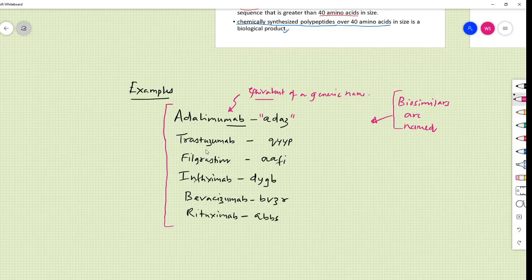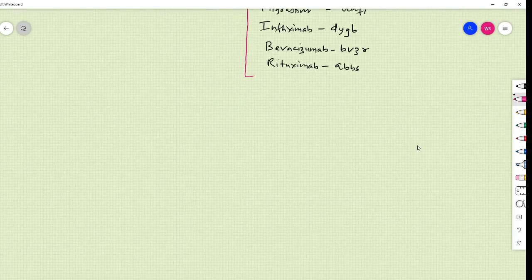In generics we said the company had to prove bioequivalence.